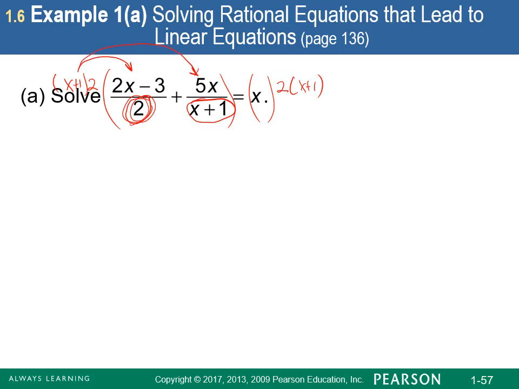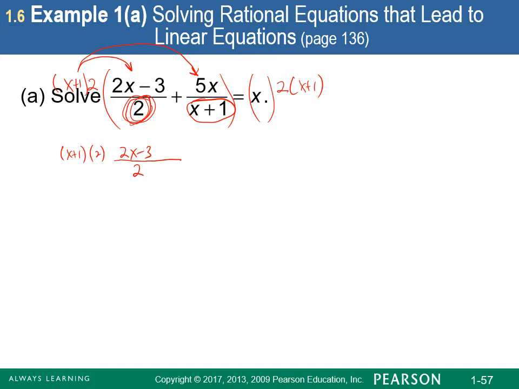Now I'm going to go ahead and write this out. Sometimes we can take shortcuts by not writing every single thing down, but I think it's good in the beginning that we do. So here we've got the x plus 1 times the 2 times the fraction (2x minus 3) over 2.